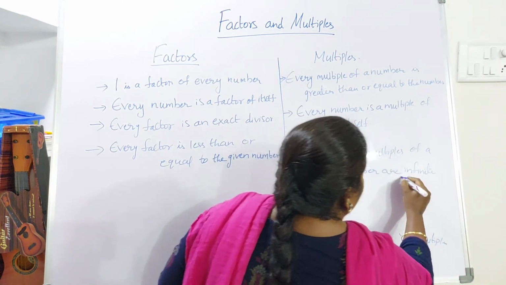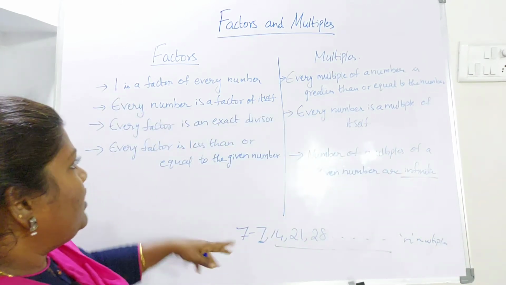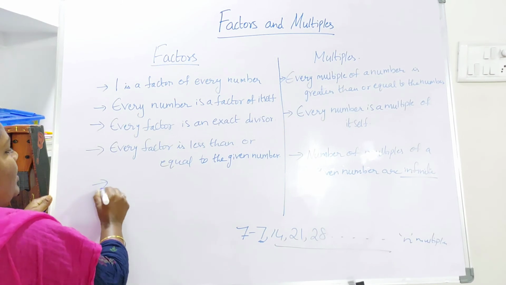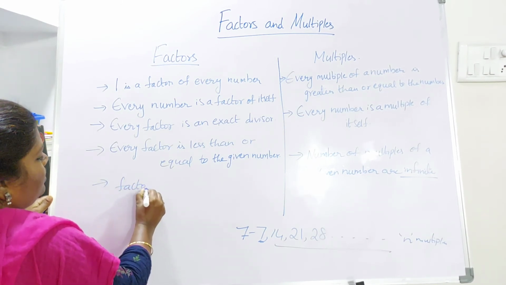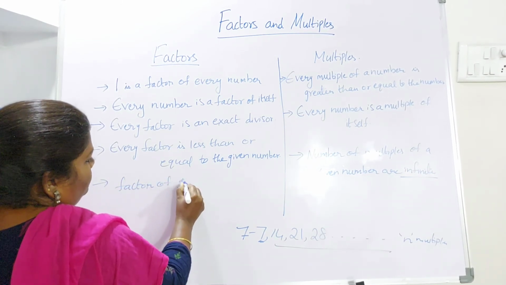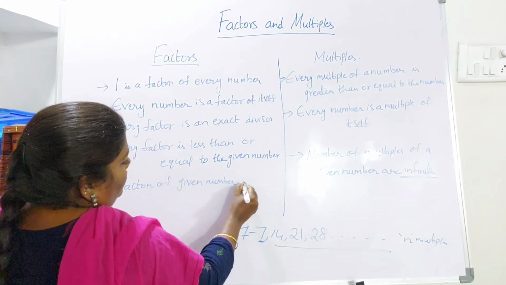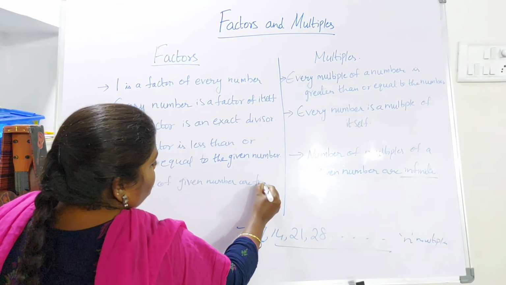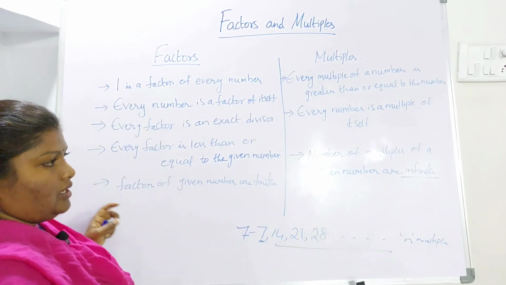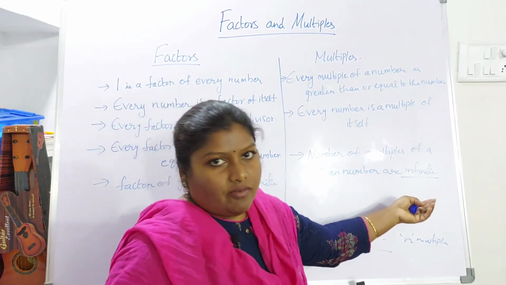So we consider it as infinite, whereas the factors of a given number are finite. They are limited, whereas the multiples are infinite.